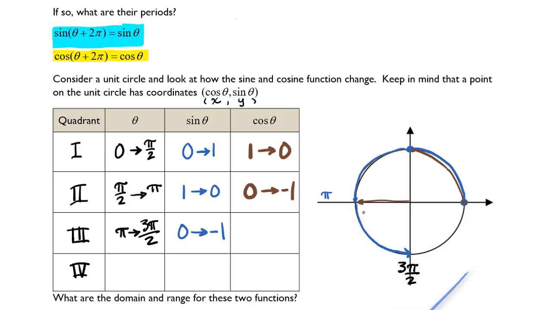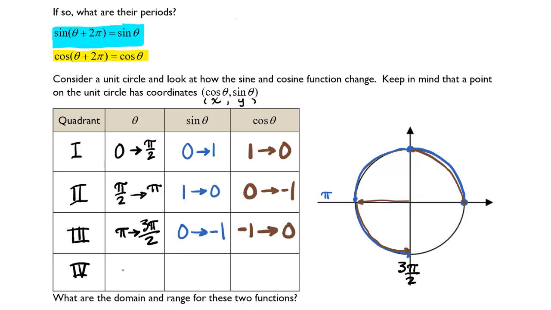In the x direction, as we rotate from pi to 3 pi over 2, we're getting closer and closer to 0. Remember, we're looking at the x direction for cosine. So from -1 to 0.